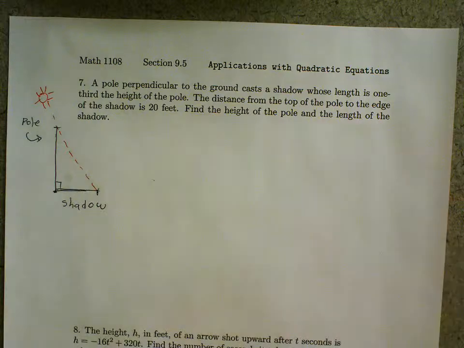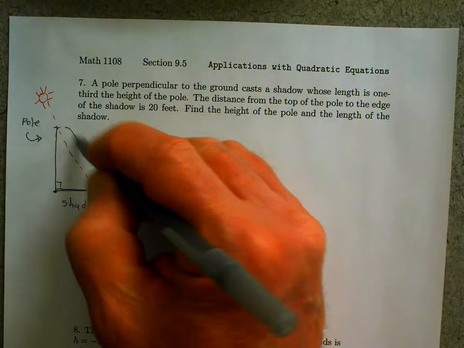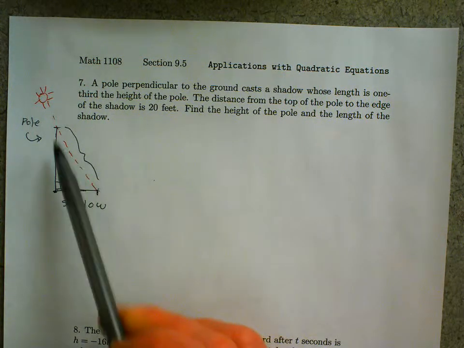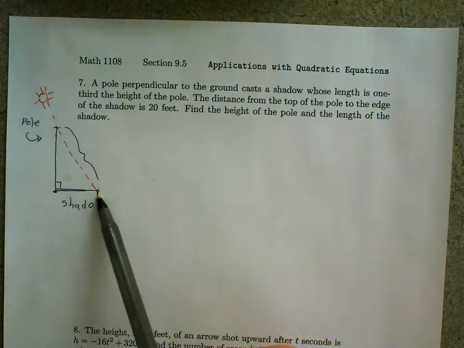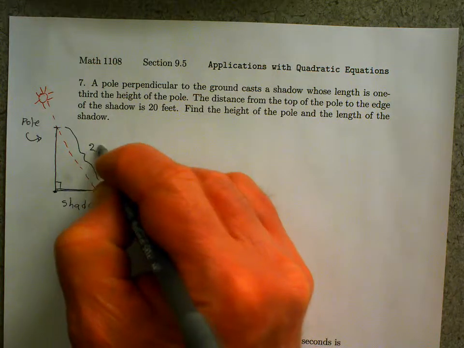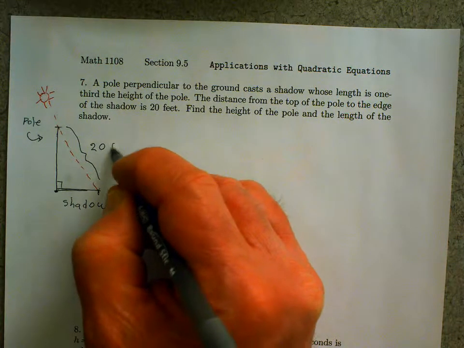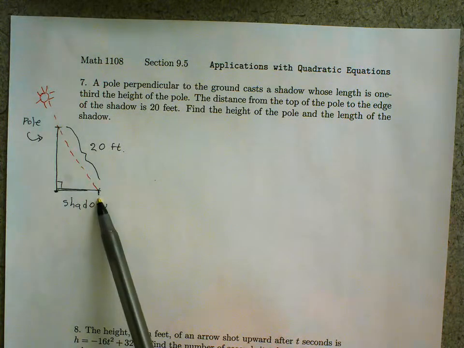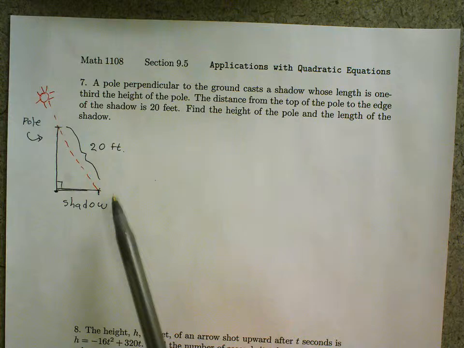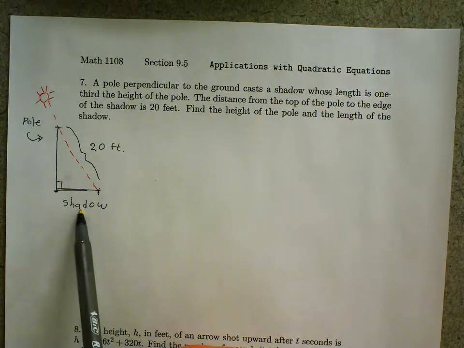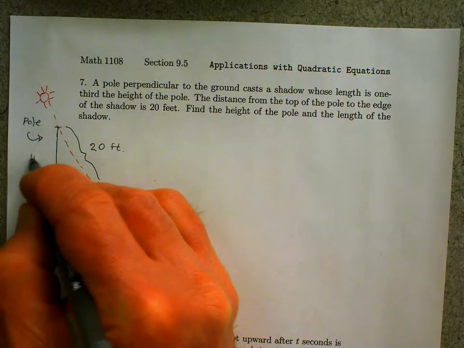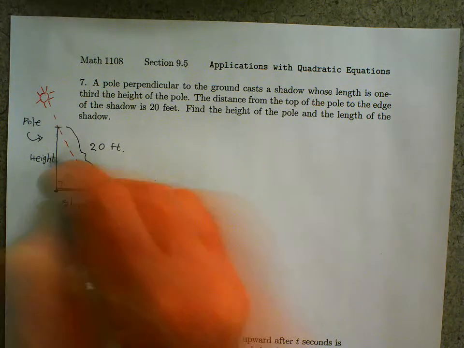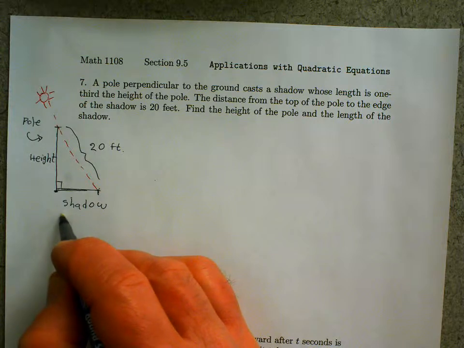Okay, so we're told that the distance from the top of the pole to the edge of the shadow is 20 feet. So that is the hypotenuse of the right triangle. And we're told that the shadow is 1/3 the height of the pole. So this is the height of the pole and the shadow length.